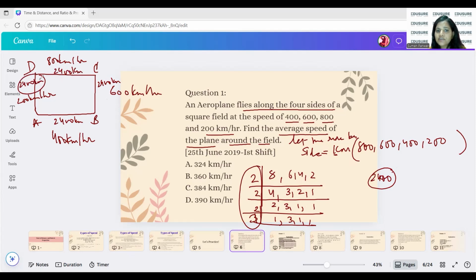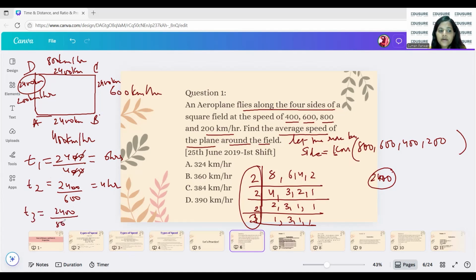Okay, so time taken for AB, so T1 will be total distance divided by speed, which is 6 hours. Then time taken for the second will be 2400 divided by 600, which is 4 hours. Then time taken for next 2400 will be distance divided by speed, which is 3 hours.